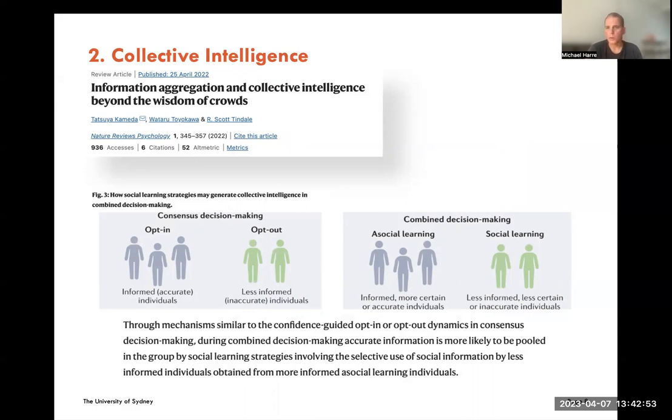So this was the wisdom of the crowds. But can we do better than that? And so there is significant work at the moment going on around exactly what that would look like. And so there are ways in which consensus decision-making and combined decision-making are being used to understand the way in which we interact with one another in order to make better decisions.